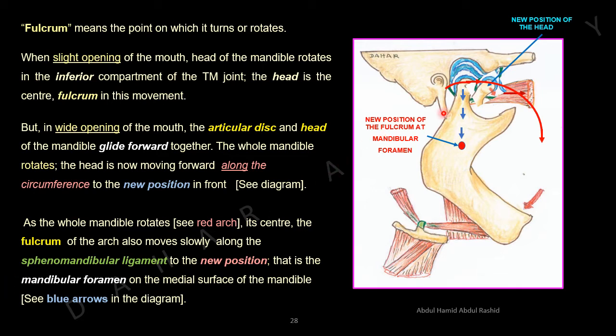At first the fulcrum was here, but later when the whole mandible rotates, the fulcrum is no more there. The fulcrum becomes the center of this arch. It moves down along the sphenomandibular ligament, finally reaching the new place at the mandibular foramen on the medial surface of the mandible.